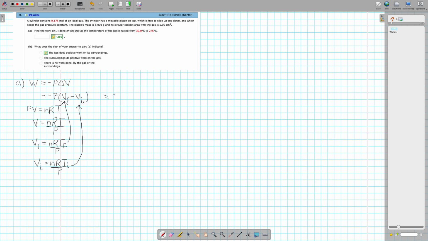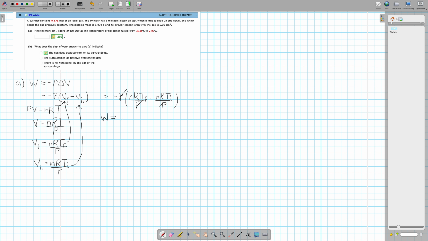So this equation becomes minus P times (nRT final over P minus nRT initial over P). And notice those P's all cancel out. So we don't have to find the pressure at all.